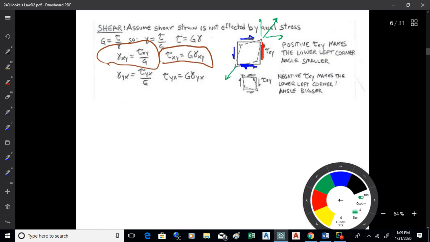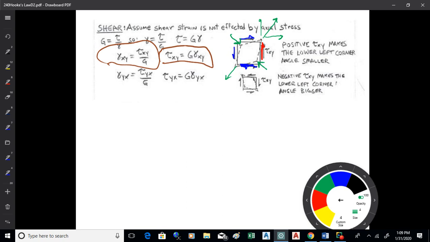So you'd see an effect kind of like that on the corners. So what that means is that lower left-hand angle for positive shear stress will get smaller. So for positive shear stress and positive shear strain, the lower left-hand corner angle gets smaller. Y'all seeing that okay? How those corners will pull out?